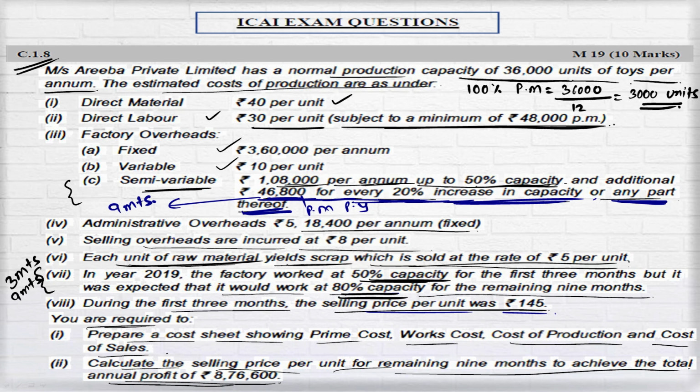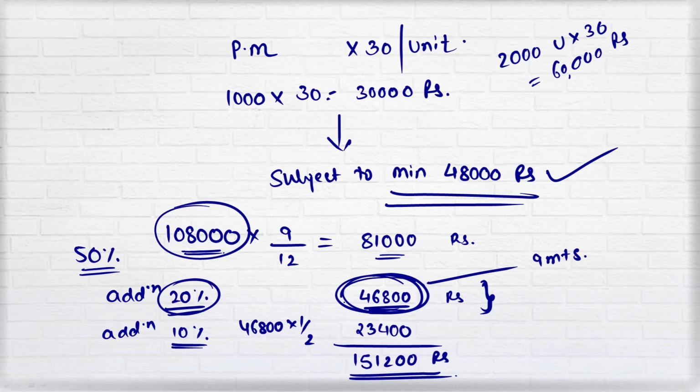So if there is a 5% increase in capacity, your cost will increase by 46,800. If there is a 10% increase in capacity, your cost will increase by 46,800. If there is 15% increase in capacity, your cost will increase by 46,800. If there is a 20% increase in capacity, your cost will increase by 46,800.